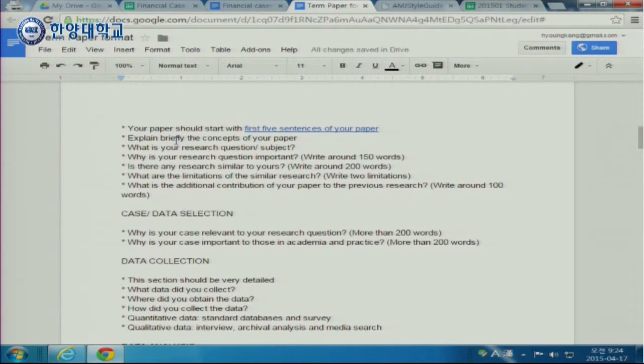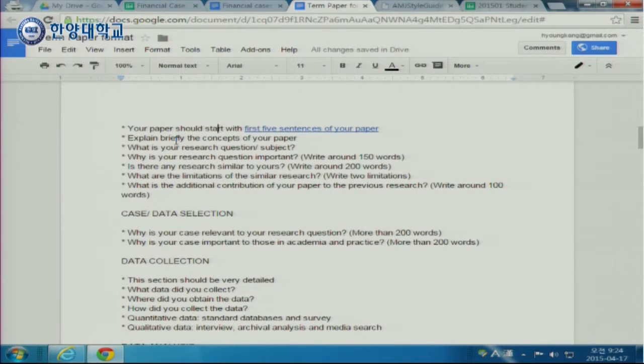So this introduction part would be the most important element of your midterm exam. Any question until now? Are you clear about the introduction part? Okay, I'm giving you a very specific guideline about the introduction, so it is actually for your convenience.